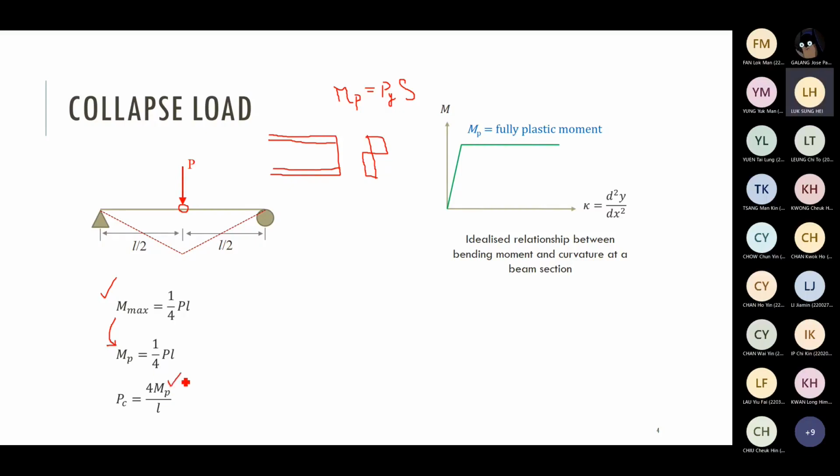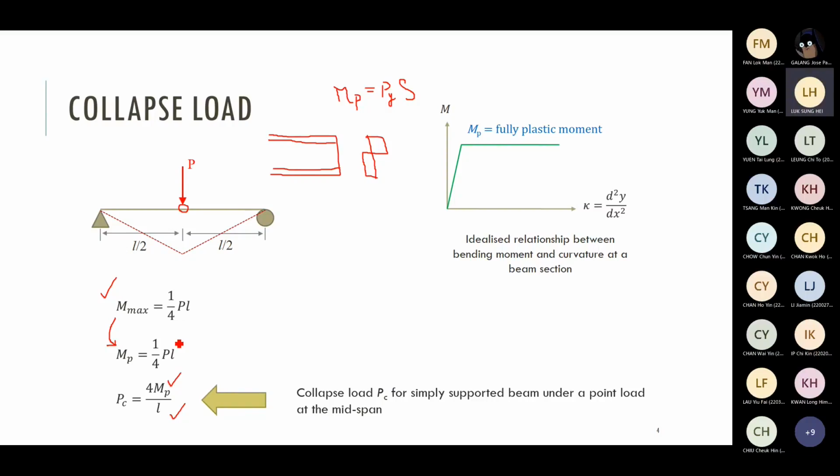You can calculate MP based on the shape of the cross section and the yield stress. L, the length, I believe you know the length of the structure, otherwise you cannot finish the calculations. So simply speaking, you can estimate the collapse load using the moment diagram and the plastic hinge location.